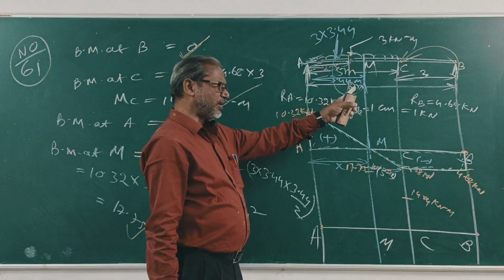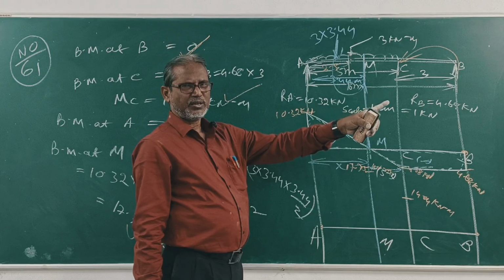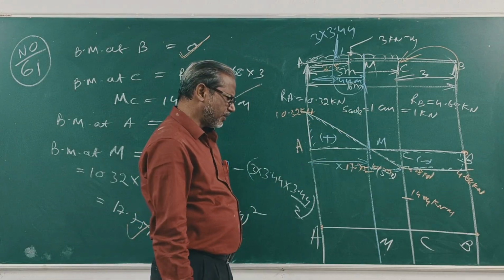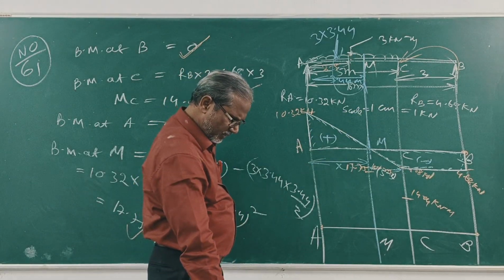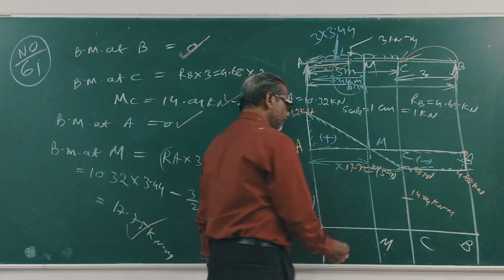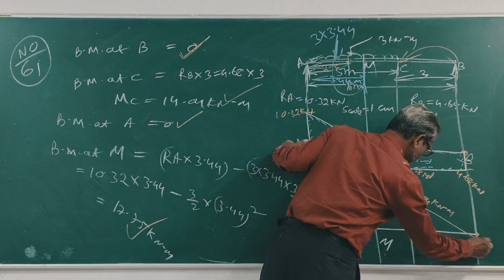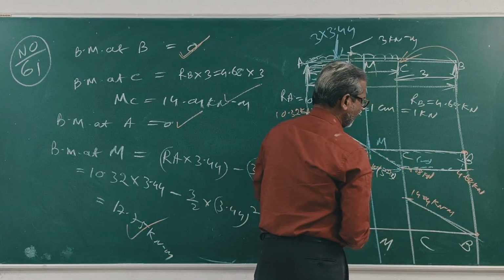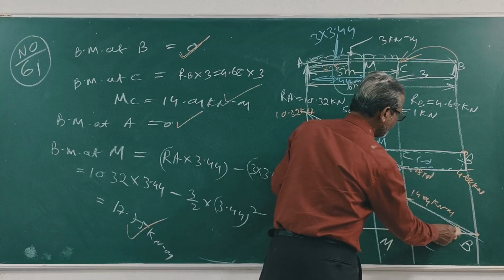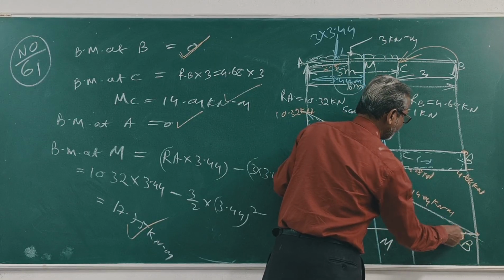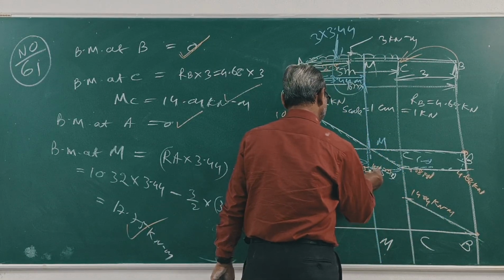From A to C parabolic, from C to B an inclined straight line. Clear? This is C to B straight line. This is parabolic.